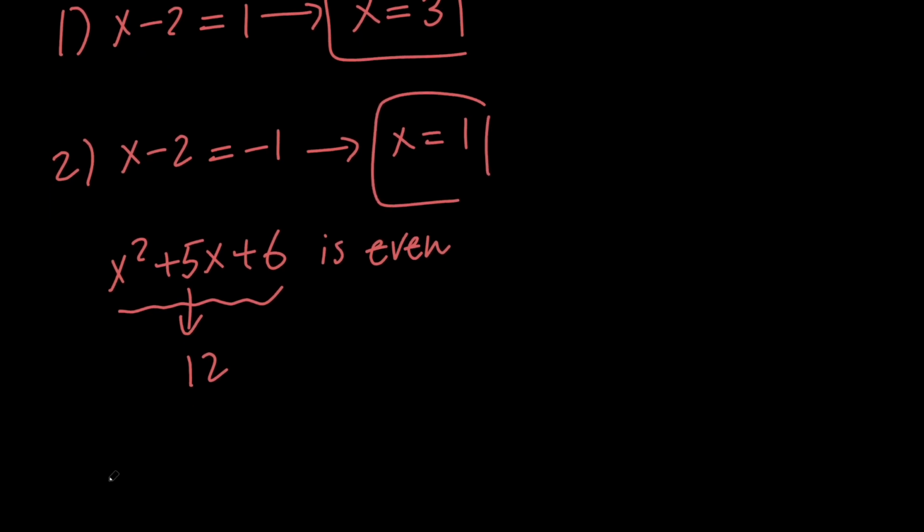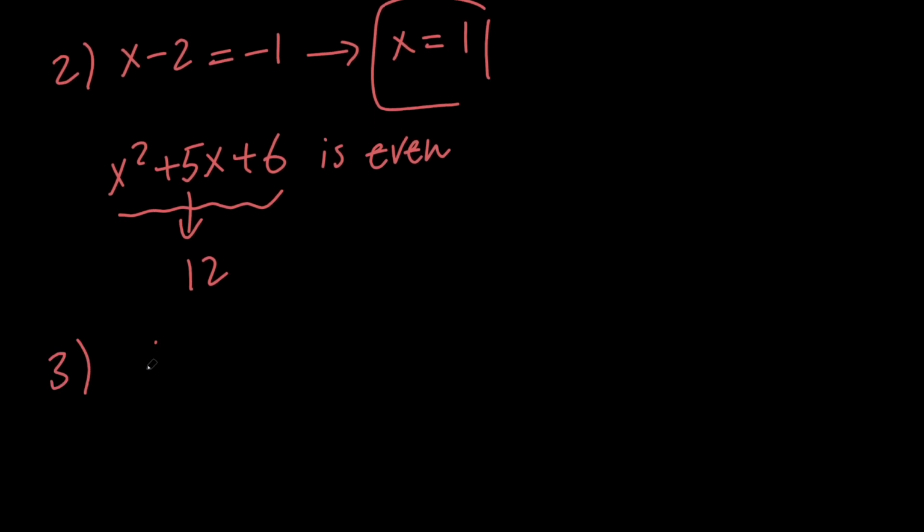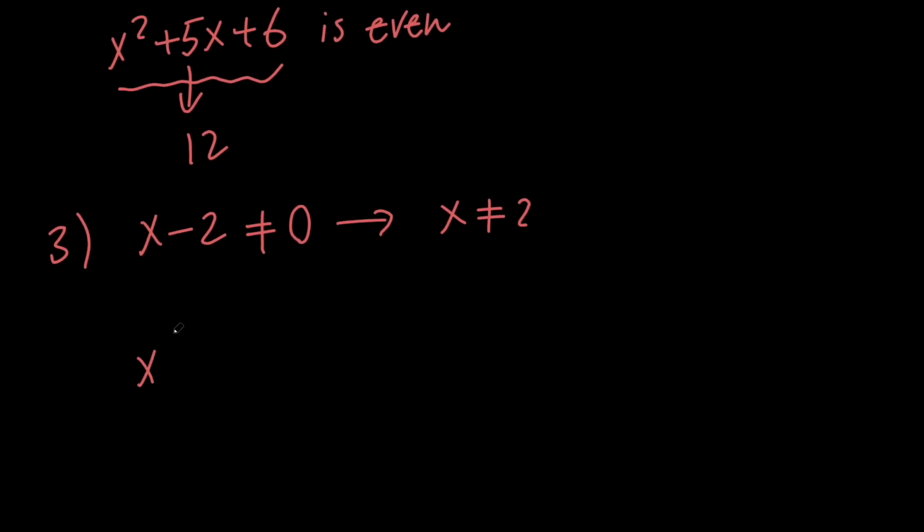In the third case, we want the base to be anything other than 0. So that means that x is not equal to 2, right? It is forbidden for x to be 2. But at the same time, we want the power, which is x squared plus 5x plus 6, to be 0.